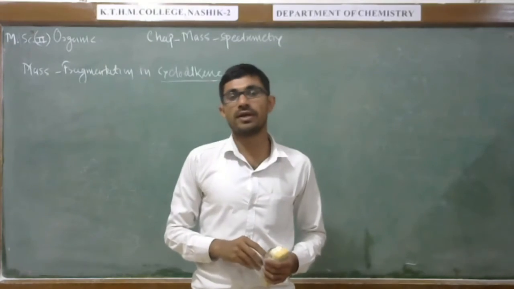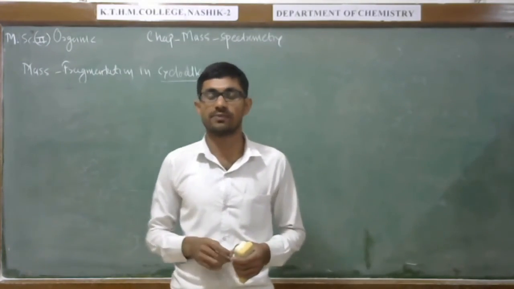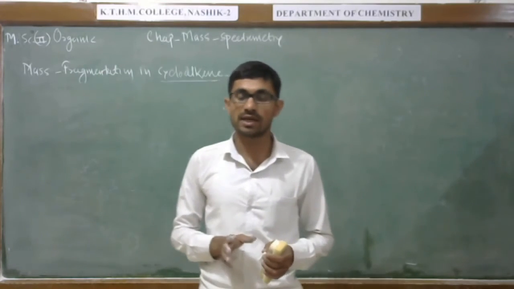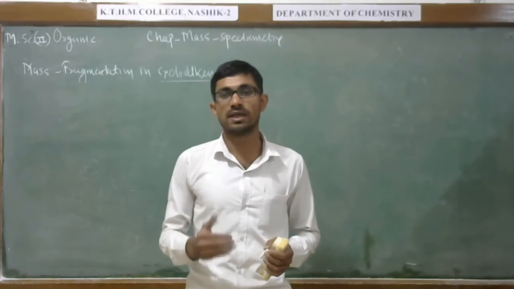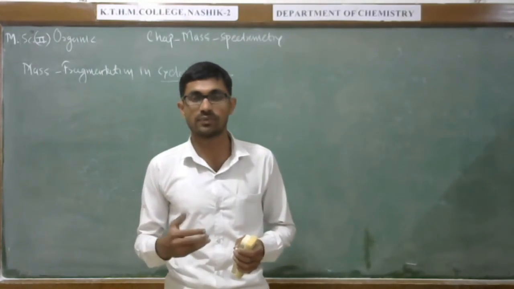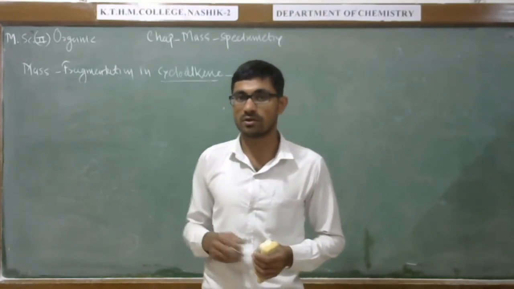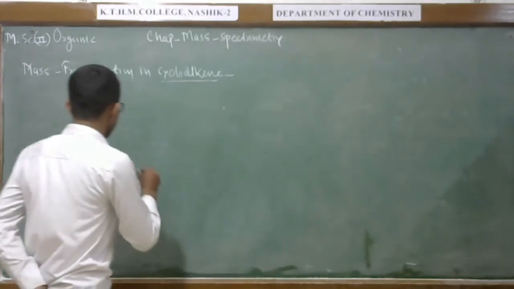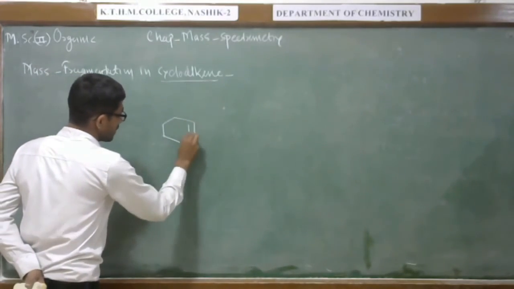So when a double bond is present in a cyclic ring, meaning cycloalkene, the cycloalkene compound undergoes the retro Diels-Alder characteristic reaction during the mass fragmentation of cycloalkene. Suppose I consider the example of cyclohexene.